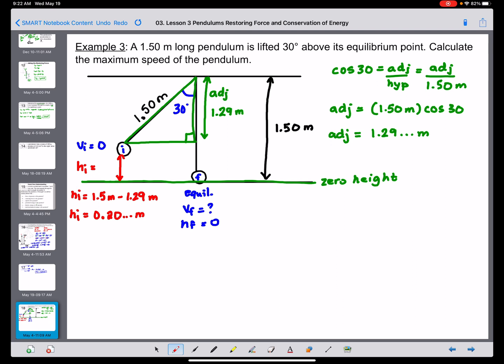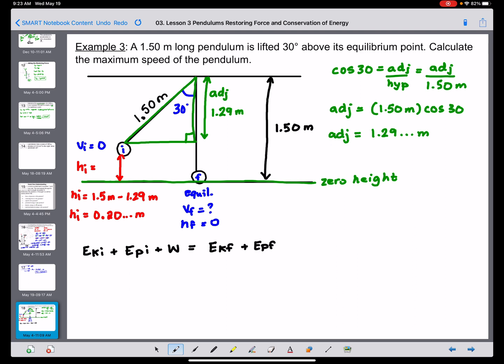Okay, so now that we have figured out what HI is, we're actually good to go. We can set up our equation. So it's going to be very similar to the last example now. We're going to jump right to this point. So we're going to have EKI plus EPI plus W equals EKF plus EPF.